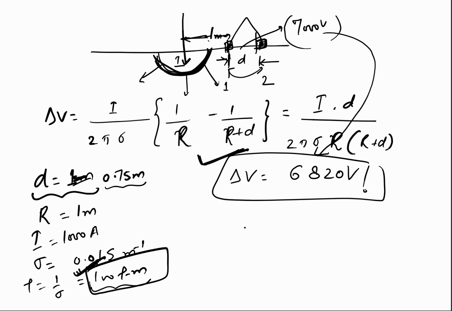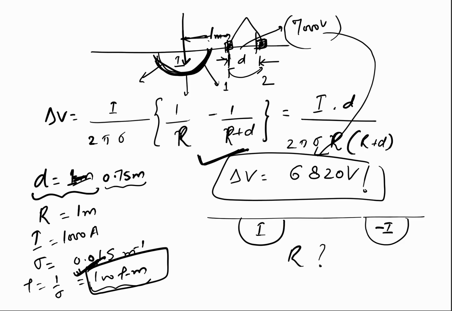What if there are two hemispherical electrodes carrying current I and minus I? Then what will be the resistance of this system? I will tell you the value. It will be 1 by pi sigma A, where A is the radius of this electrode.